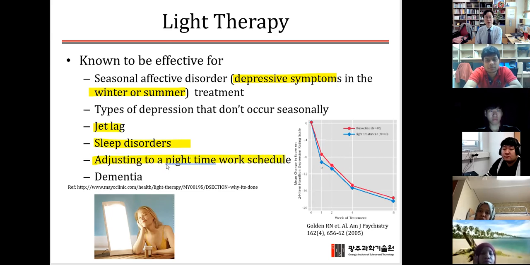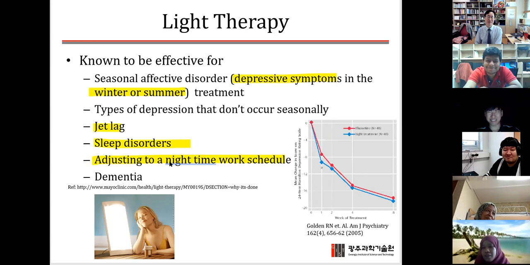And also, some people have a shifted working time, so working at night and sleeping during the daytime. I had that experience for 6 months. After graduating from the master's, I was working in an oil company. The name now is GS Caltex Oil Company in Yeosu. 여수 밤바다.